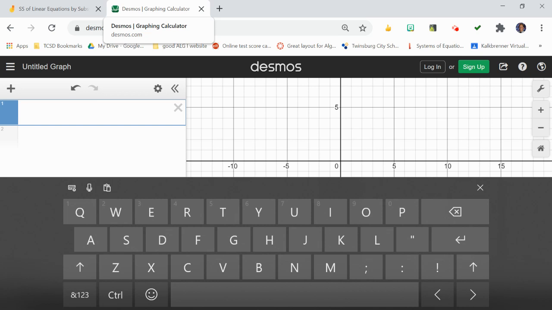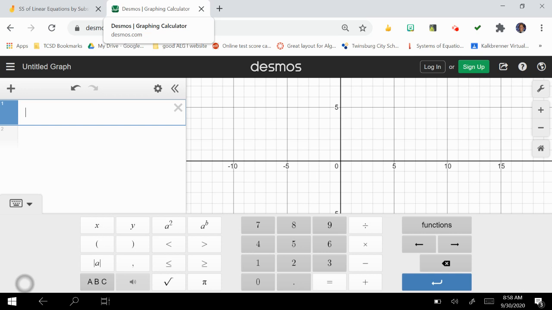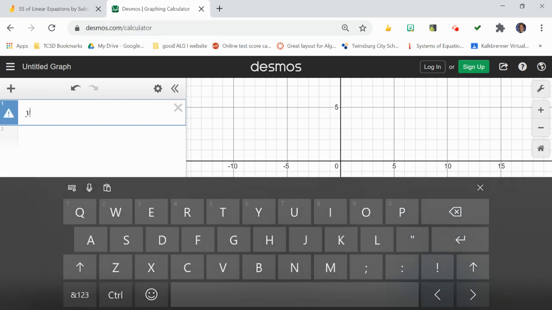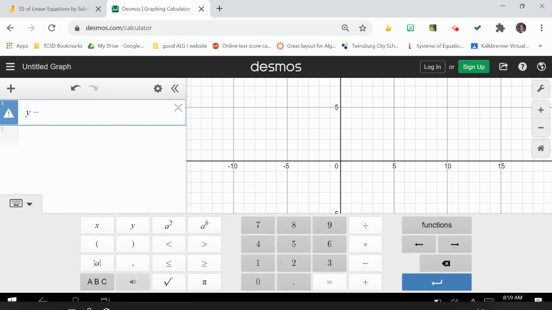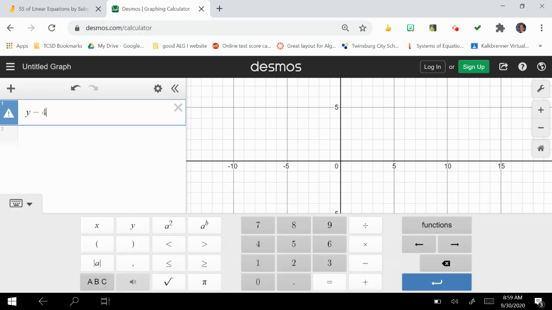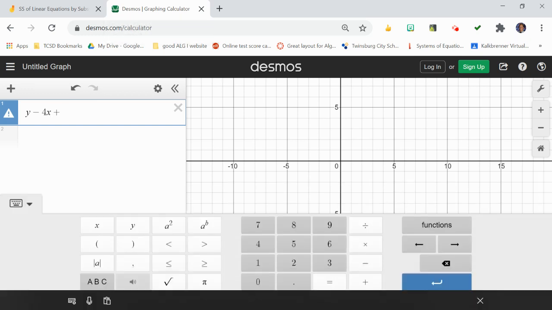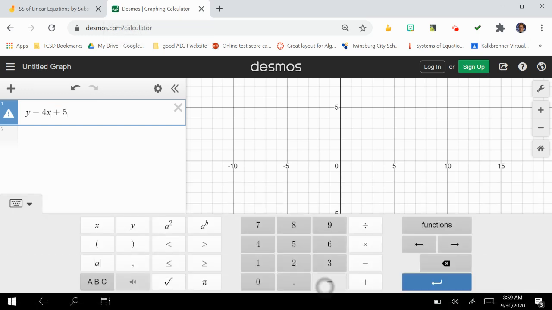I'm going to get y minus 4x plus 5 equals 0.